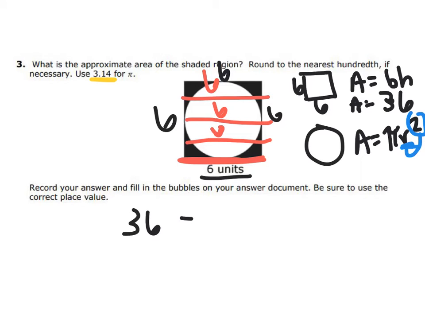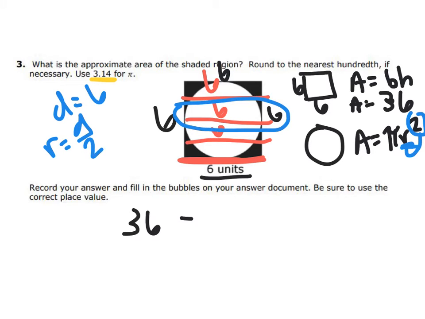Now, what we know from our past unit is that diameter is the distance across the circle from edge to edge through the center, which is also saying the same thing as, well, this line right there is the diameter. So I know the diameter is equal to 6. I also know that the radius is the diameter divided by 2, which is the same thing as saying 6 divided by 2, which gives me a radius of 3.